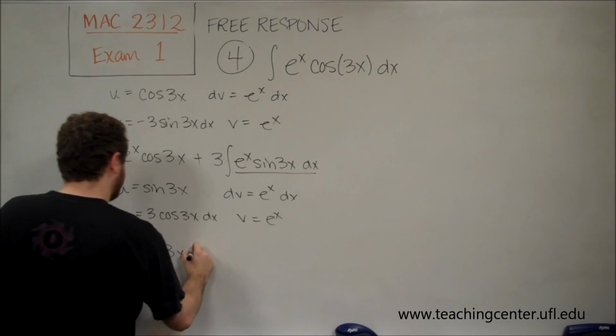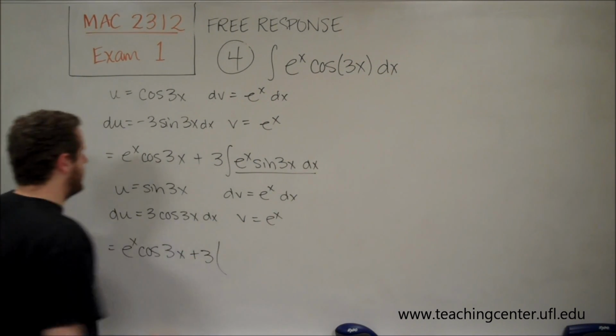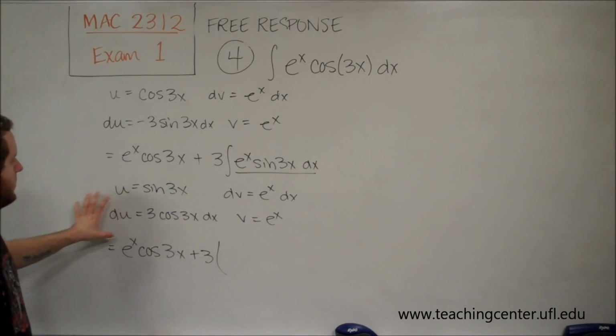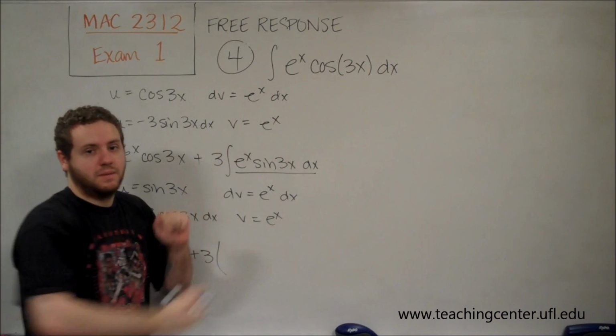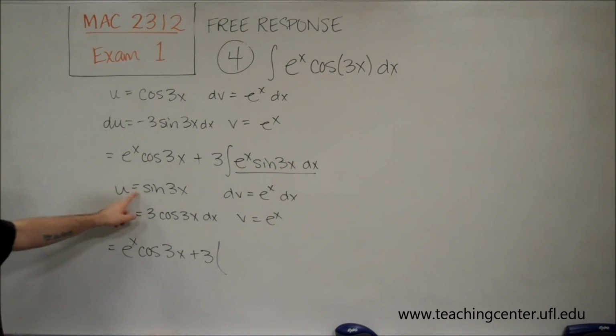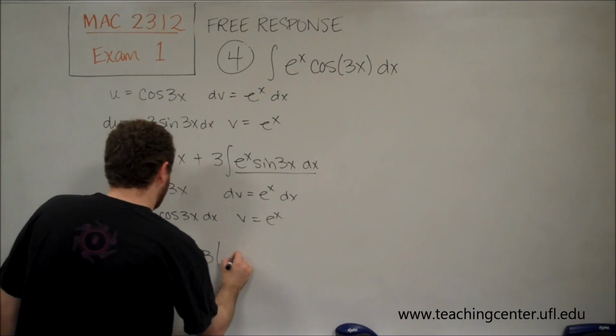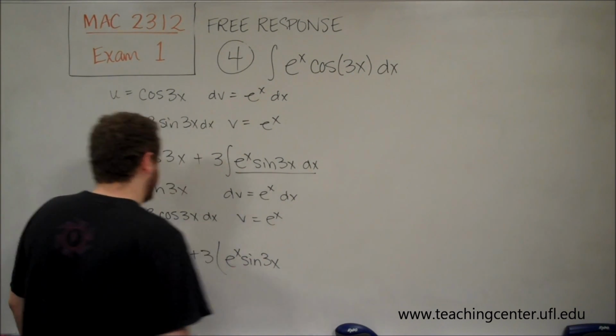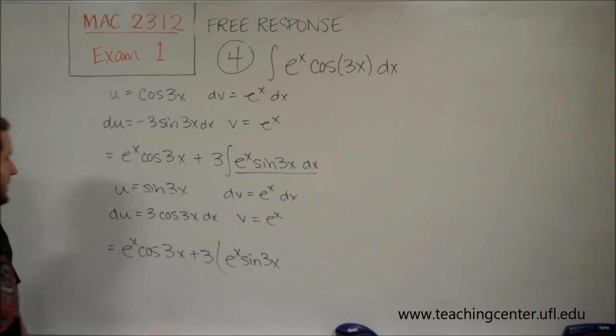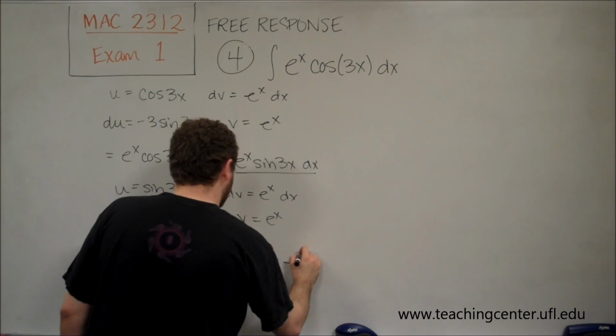This 3 is still there because everything that we're going to write now for the integration by parts was what this integral was. So it's 3 times everything. So we have u times v, e to the x sine 3x, minus the integral v du.